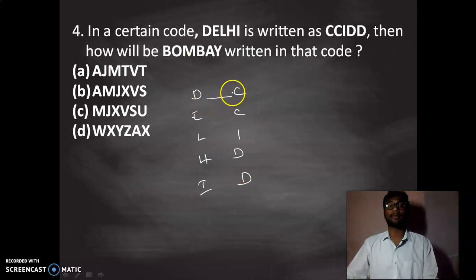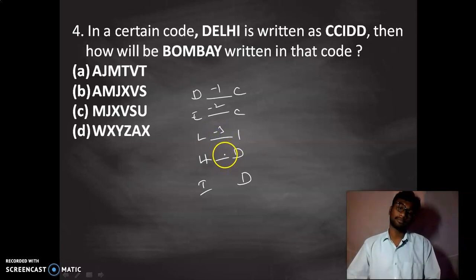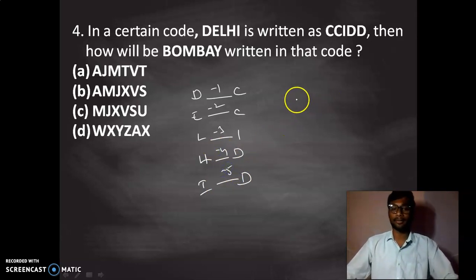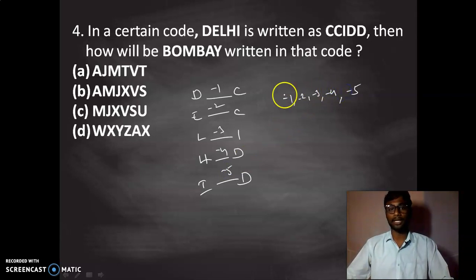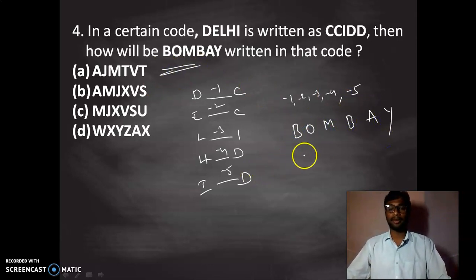It is minus 1, minus 2, minus 3, minus 4, minus 5. Simple logic, isn't it? Now try to get the answer with Bombay. Find the logic and give the answer in the comment section.